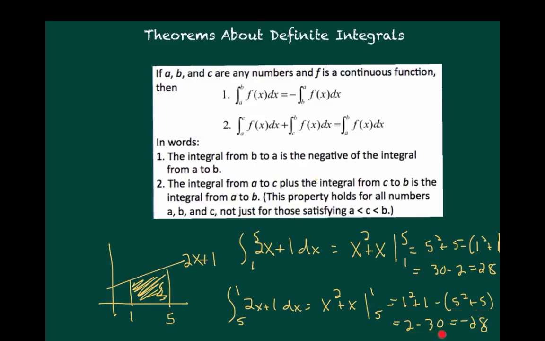So 2 minus 30 equals negative 28. So just as the property states, when you flip the order of the limits from 1 to 5 to 5 to 1, you change the sign of the integral. Not the magnitude, but the sign.